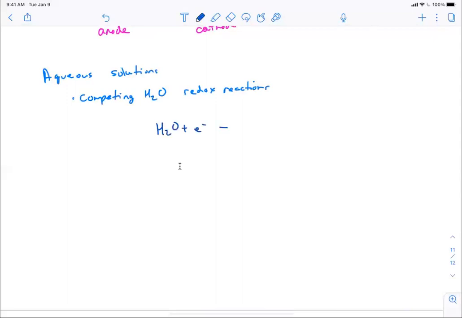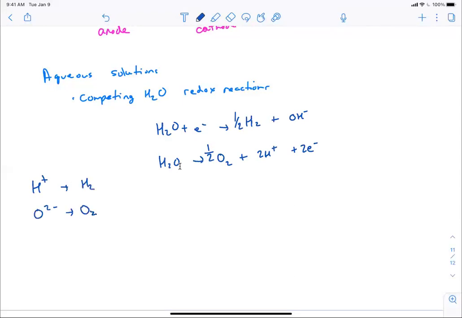Here are your reactions. Now, they're not super easy to memorize, but whenever I do this in my head, I'm thinking, well, H plus is going to H2 and O2 minus is going to O2.